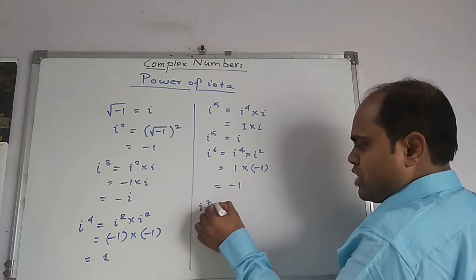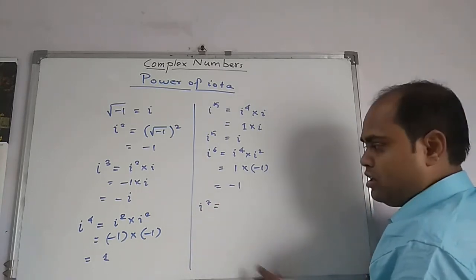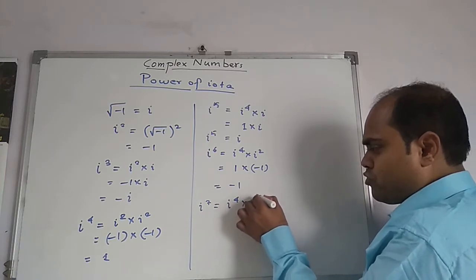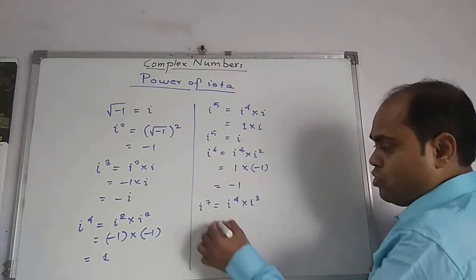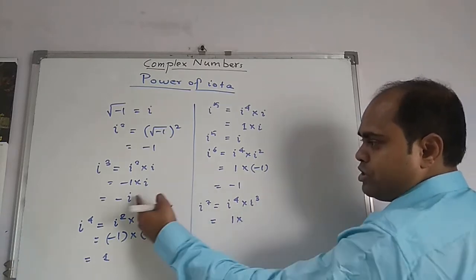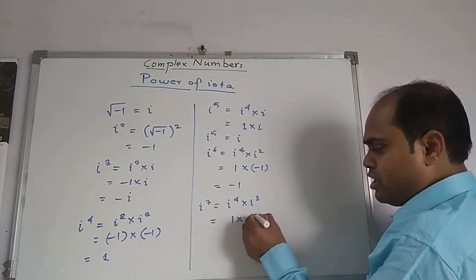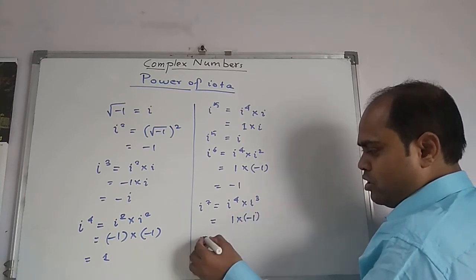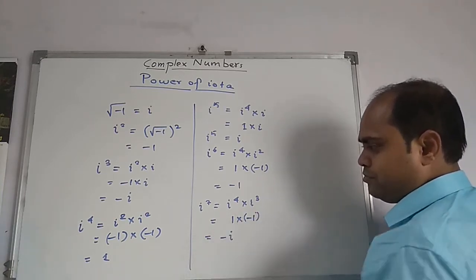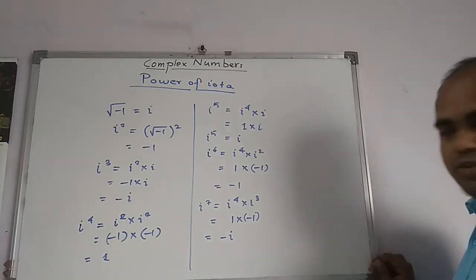Okay. What is iota raised to 7? We can write it as iota raised to 4 multiplied by iota raised to 3. So iota raised to 4 is 1 multiplied by iota raised to 3, which is equal to minus iota. So 1 multiplied by minus iota is equal to minus iota. Okay.